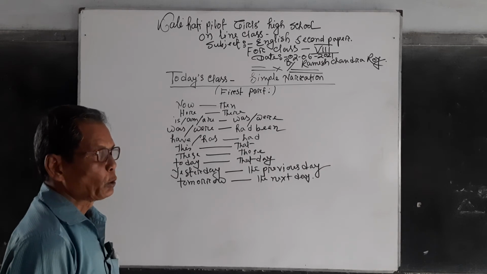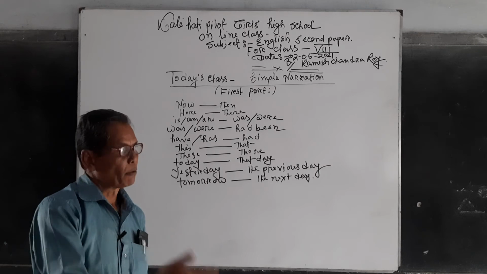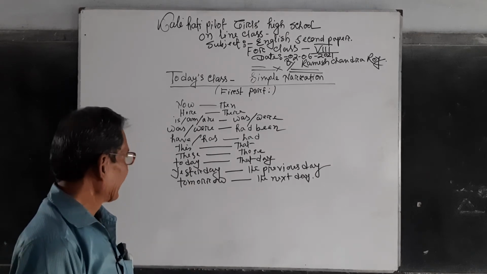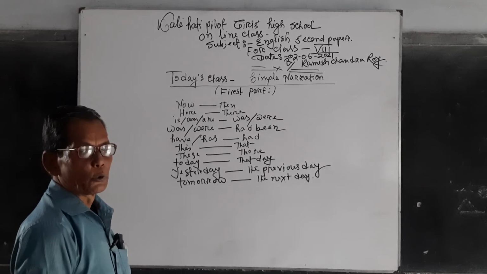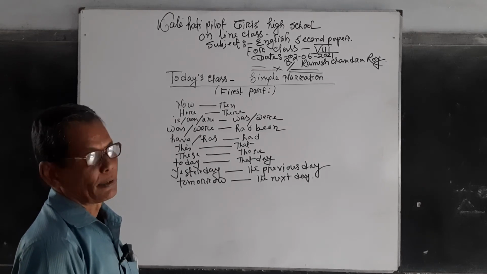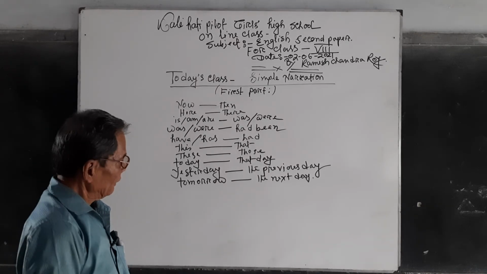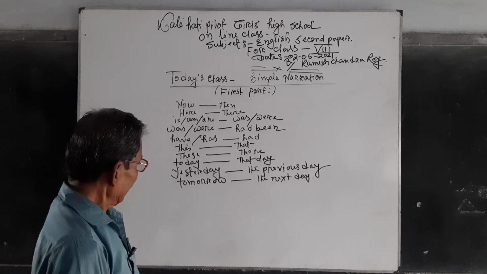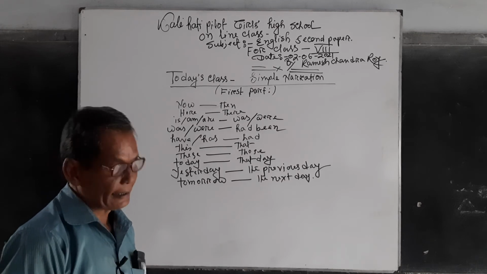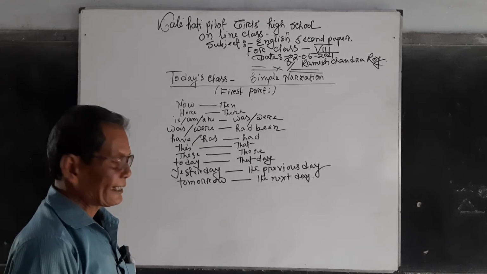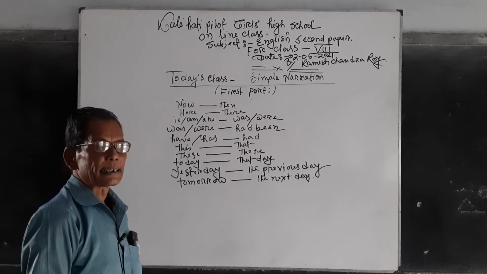And according to the sentence, you will have to change from direct to indirect narration. But now we are going to discuss assertive narration. Now, if the reported speech is an assertive sentence, then how do we change it into indirect narration?